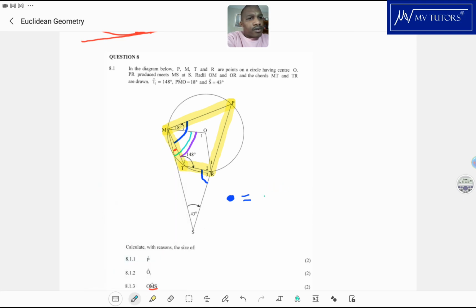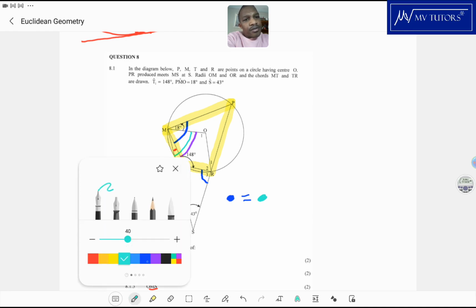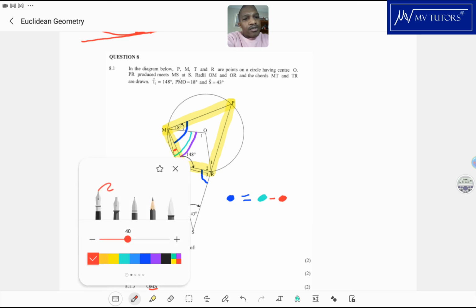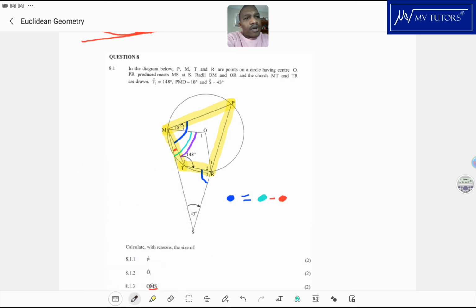And then green is equal to green minus the red angle, and then we have to add, as a last resort, that 18.